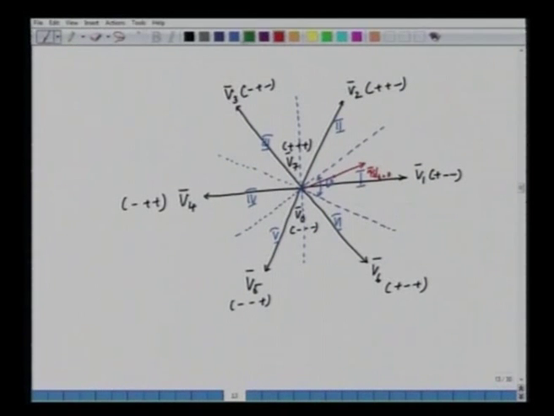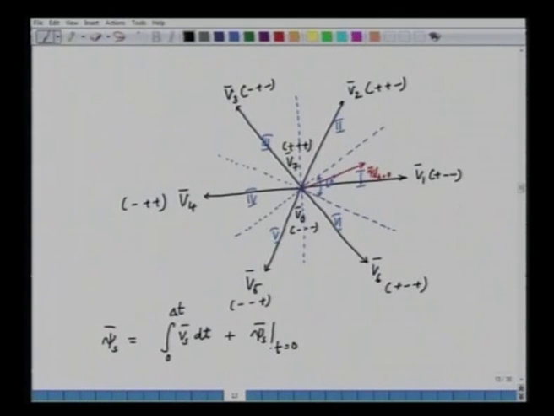And we know that we have an equation that we have already seen in the last lecture, that psi s, the resultant flux vector, is given as the integral of Vs dt from 0 to delta t, let us say, plus psi s at t equal to 0.